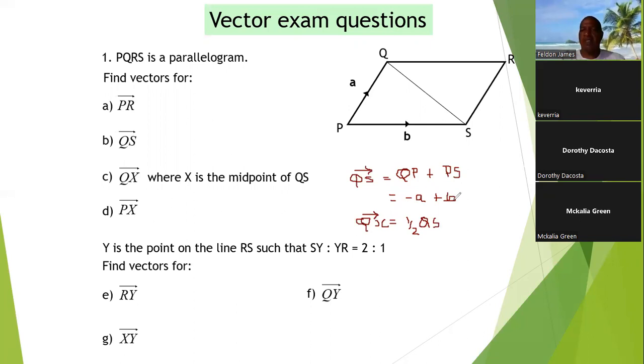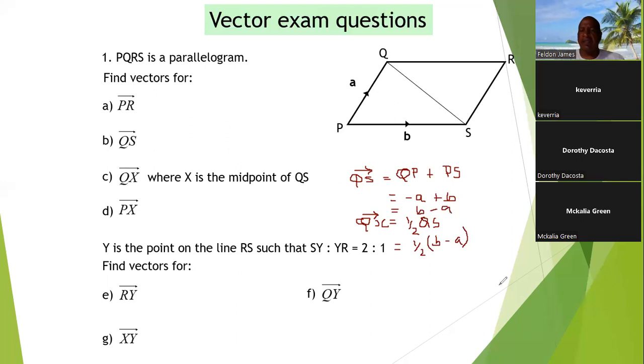But we know that QS, and if you want to write this part here, you could also write it as B minus A. So half of QS, then QX would be just half of B minus A. Is that clear, guys?